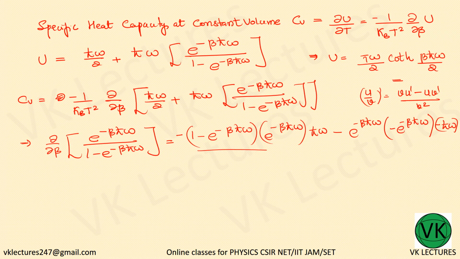Now the whole term is divided by the denominator squared, that is 1 minus e to the power minus beta h cross omega whole squared.